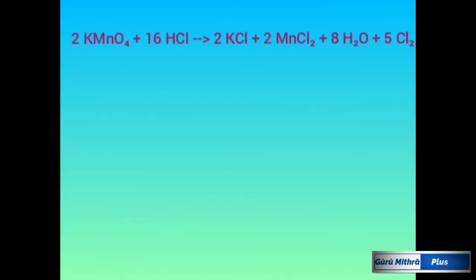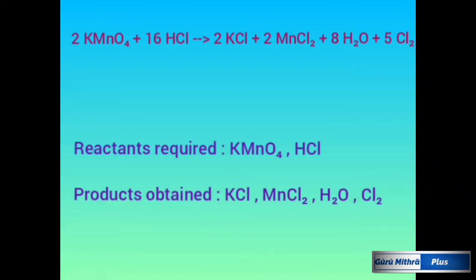Hope that you have watched the video carefully. Let us answer some questions related to it. The balanced chemical equation for the reaction involved in the preparation of chlorine has been given. What are the reactants required for the preparation of chlorine?